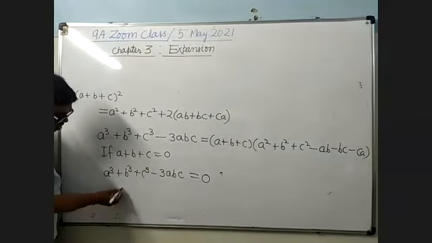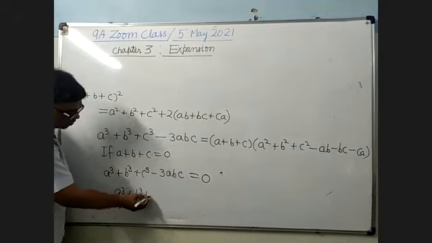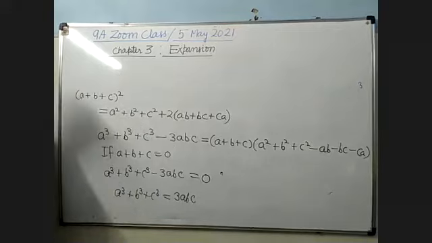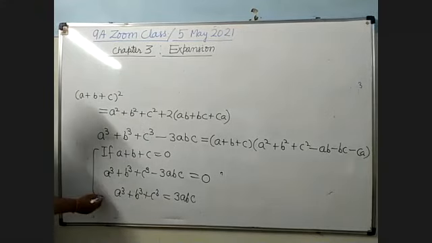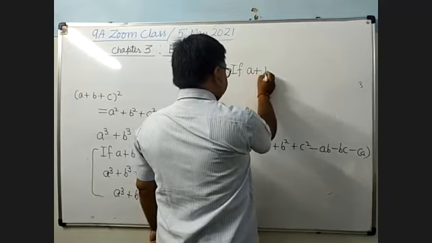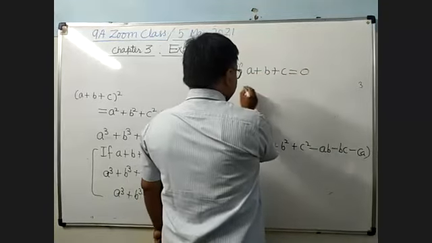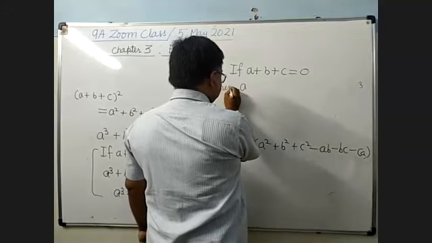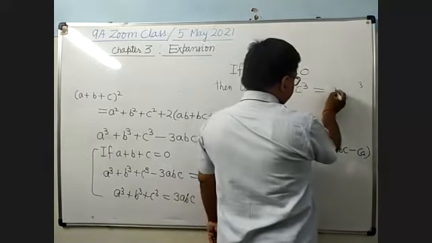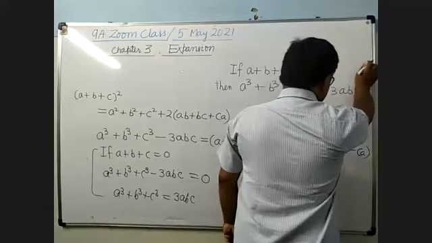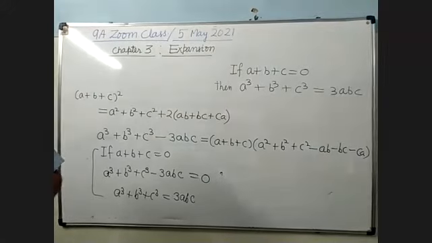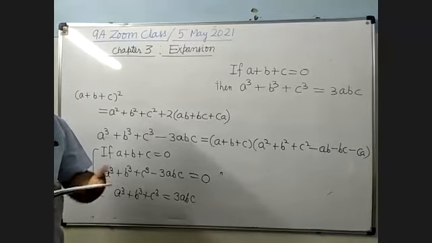Means a cube plus b cube plus c cube equals 3abc. So this thing we can remember in this way: if a plus b plus c equals 0, then a cube plus b cube plus c cube equals 3abc. That we will remember. So now I have told all the formulae here.